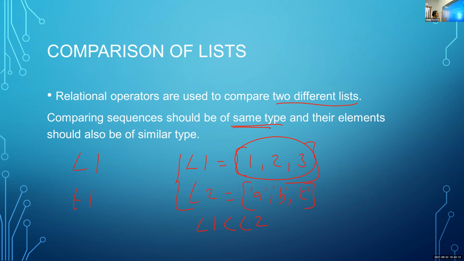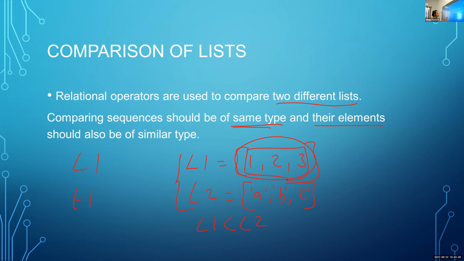If I'm using list, we can compare list only. We can't compare a list with tuple or a list with dictionary or a tuple with dictionary. If we are using a relational operator, we can use the same type of sequence. We can compare two lists, two tuples, two dictionaries or two strings.